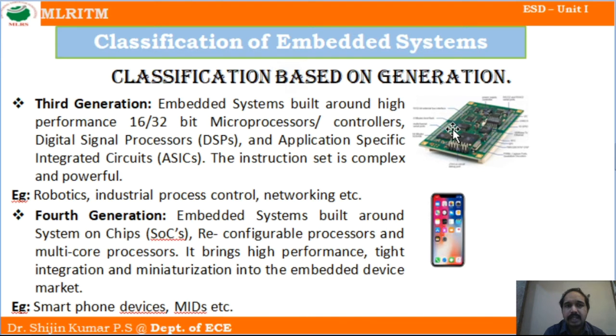Next is fourth generation, that is our current generation. One big leap in chip manufacturing is system on a chip, or SoC, and reconfigurable processors and multi-core processors. As you can see, the evolution of processors from core to dual core.